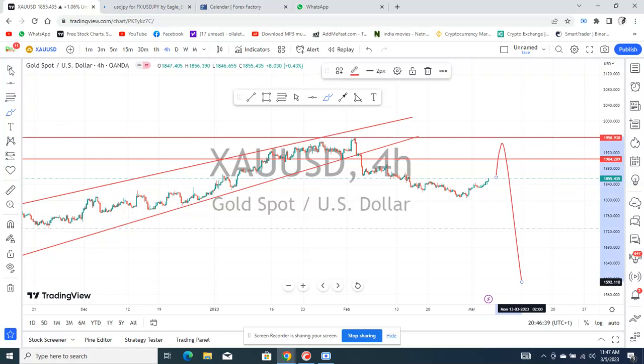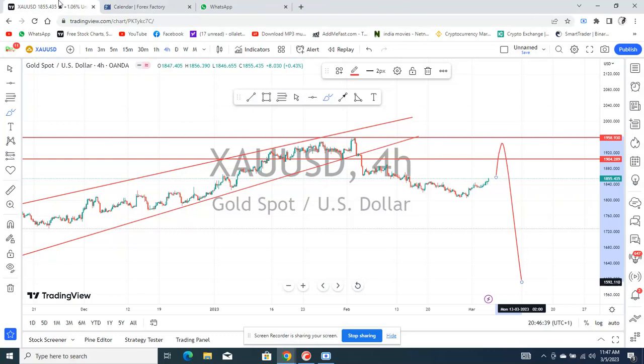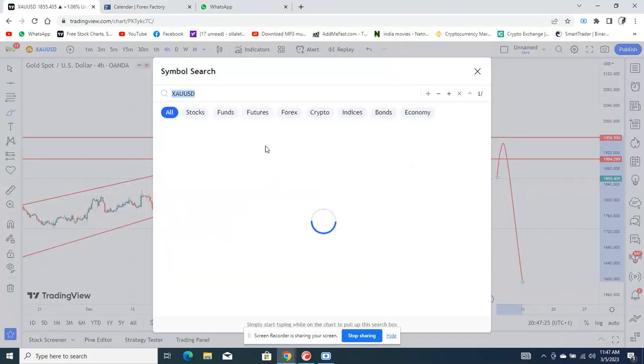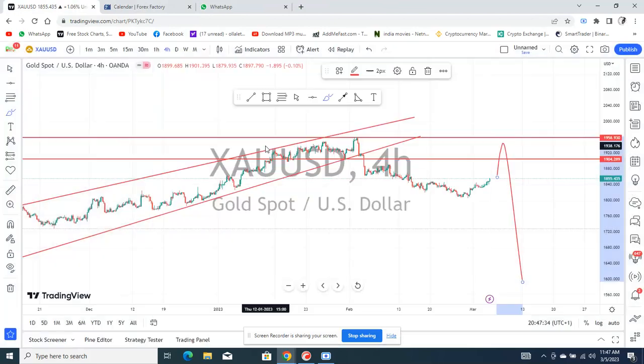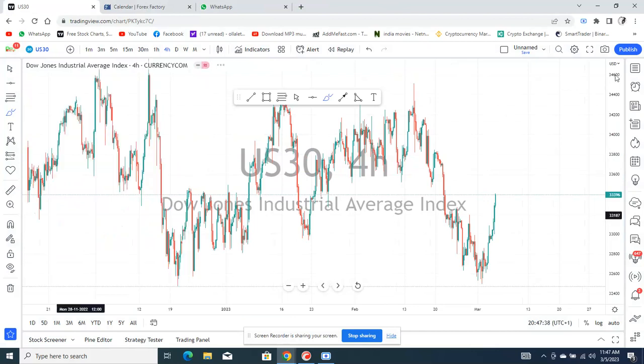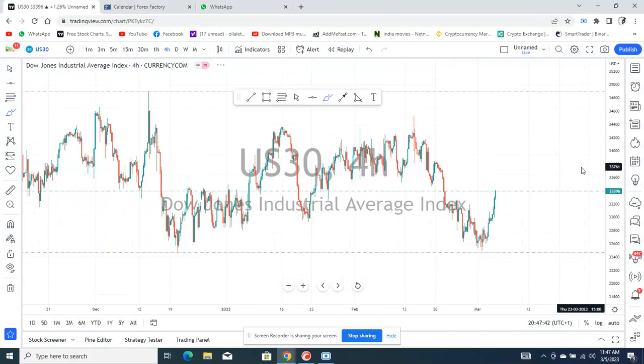In the case of US30 as well, this one is clean. No history here, not much to do.